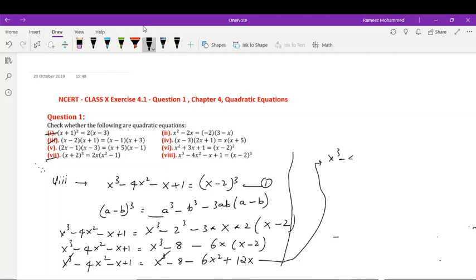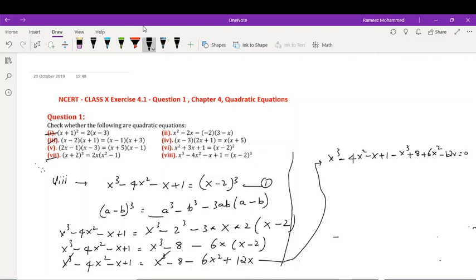But let me rewrite this in the form. x cube minus 4x square minus x plus 1, when you move the whole term to this side, the signs will get changed. So the plus x cube will become minus x cube, and minus 8 will become plus 8, minus 6x square will become plus 6x square, and plus 12x will become minus 12x is equal to 0.